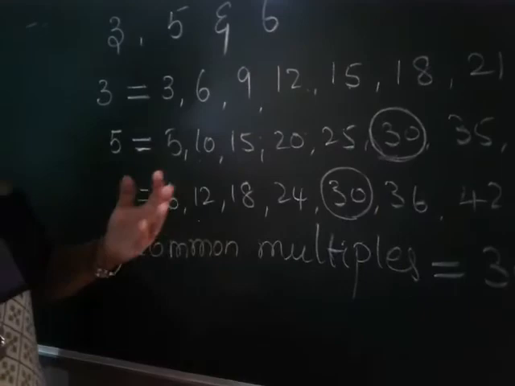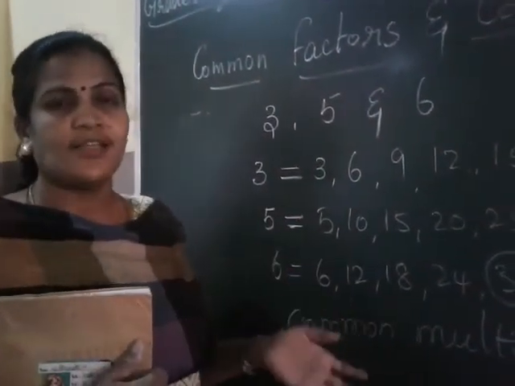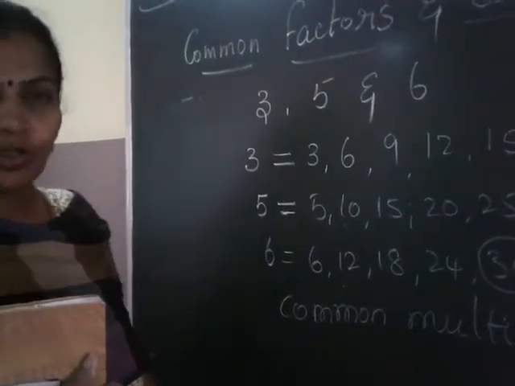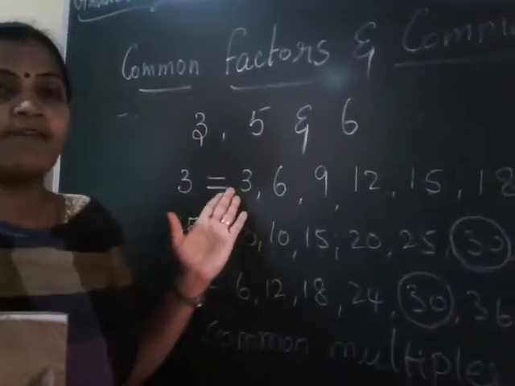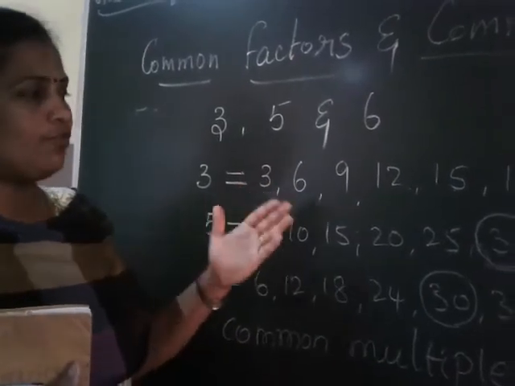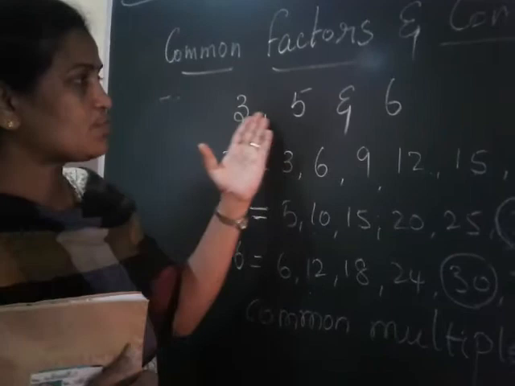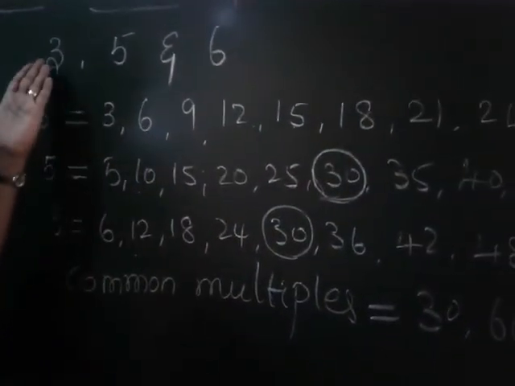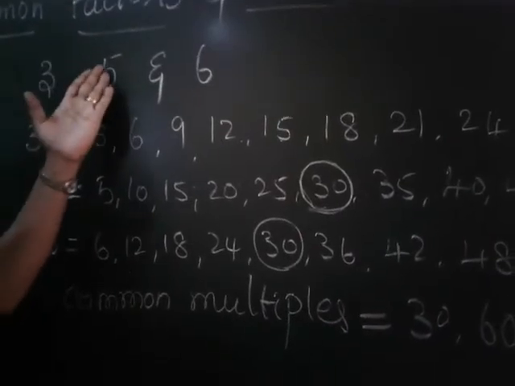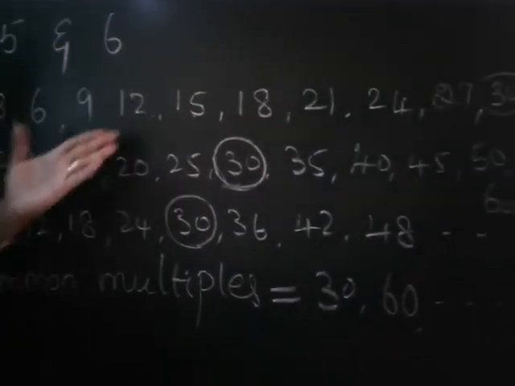So there is another method to find common multiples and common factors. That is the prime factorization method we are going to learn, children. This is called the listing method. We are listing the factors and listing the multiples. When small numbers are given, you can write them. If they give 14 or 17 or 20, how can you write so many multiples?